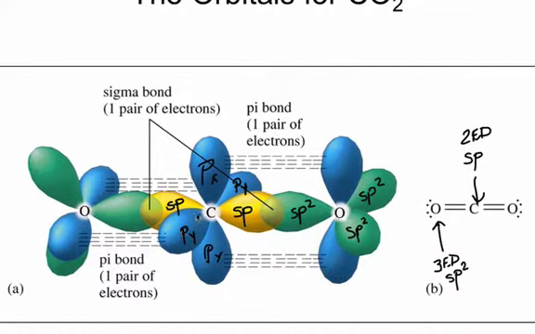And then the second unhybridized p orbital on this carbon is pi bonding with the leftover unhybridized p orbital on this oxygen. So you can see where the double bonds come from.